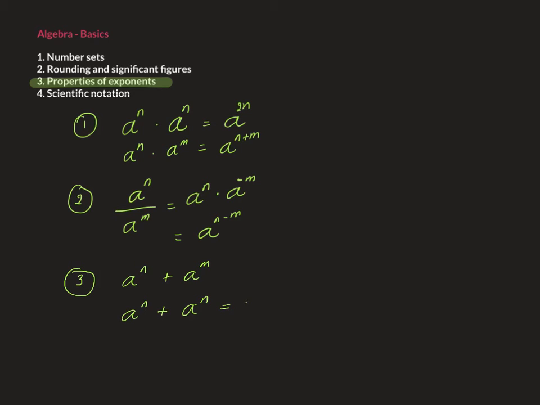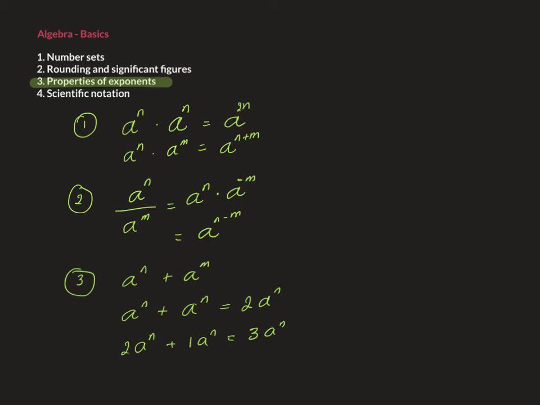So you would say you have 2a to the power of n. You have 2a to the power of n plus 1a to the power of n, then that's going to be 3a to the power of n. So the counter in this case, when you're adding, goes to the coefficient next to the exponent, and the exponential expression doesn't change. The base and the exponent remain the same. Only the counter of how many of those you have changes.